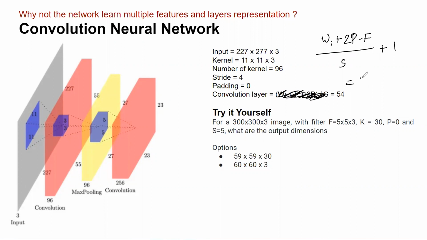Wi is 300, plus 0, plus 0, minus f. F is 5, divided by s. S is 5, plus 1.